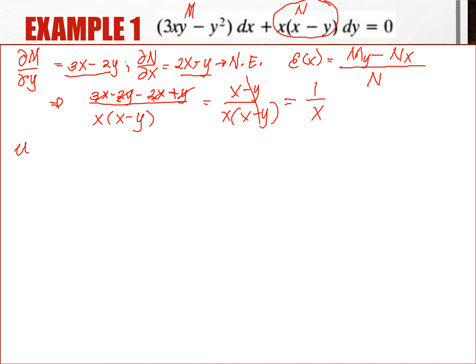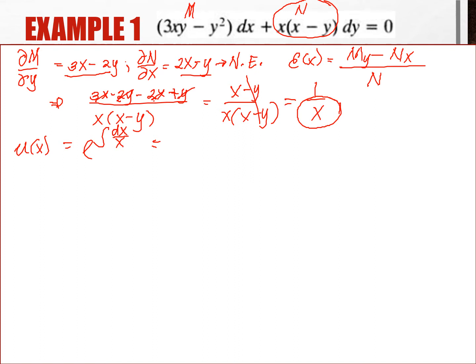Thus we will find your integrating factor mu(x) as e to the integral of dx over x. We take note, go back to the concept that it should be simple x here that was left to remain.